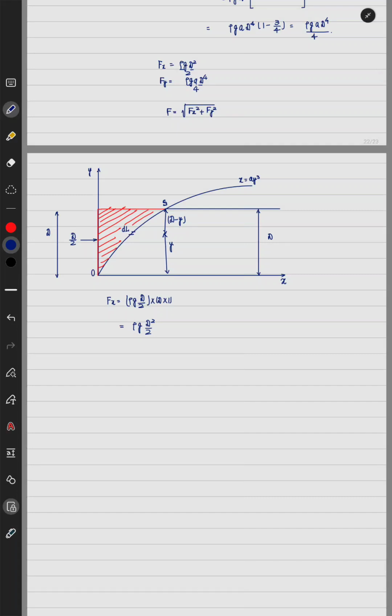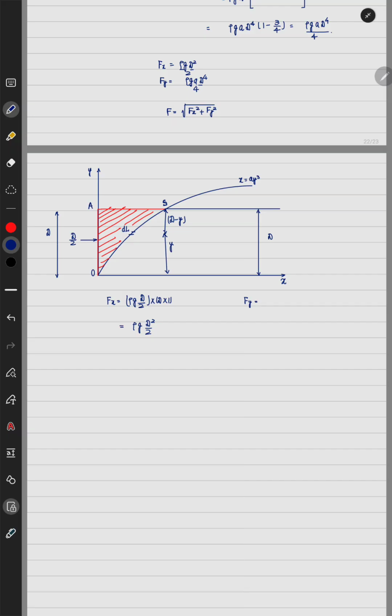Now, in order to evaluate the force acting on the surface OS in y direction, it is given by the total weight of the liquid, which I have colored in red. So what is the total weight of the liquid in, let us say this point is A, so OAS.